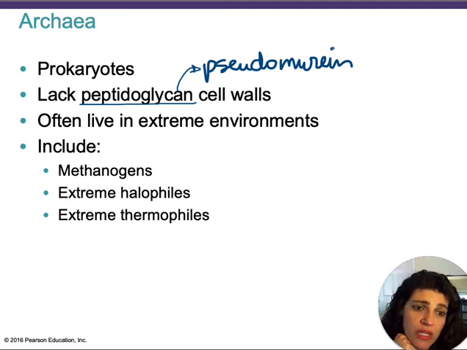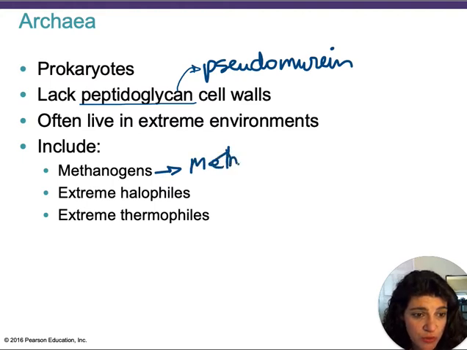They usually live in very extreme environments, so they're not usual pathogens of the human body. You find them in regions rich in methane, because they're the ones that produce the methane. So they can produce this gas, methane.